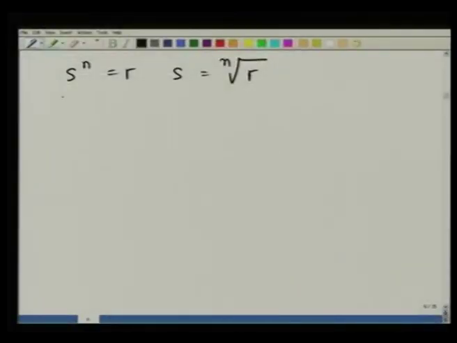So much for S. Now, for phi. What value can we give to phi? The straightforward answer is take phi equal to theta by n.